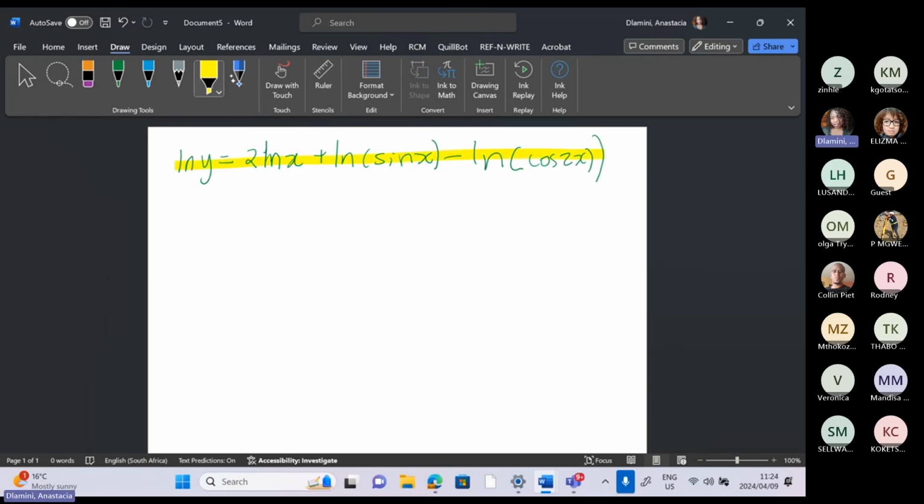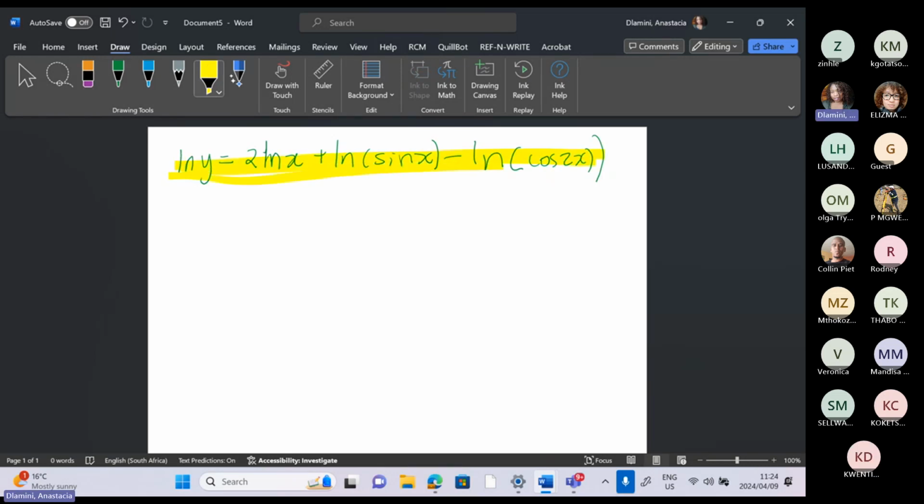Is there a rule on page 24 that we can use here? 3 important laws of logs. Is there any? No, ma'am. It means that we are done simplifying, so we can then continue to differentiate, right?